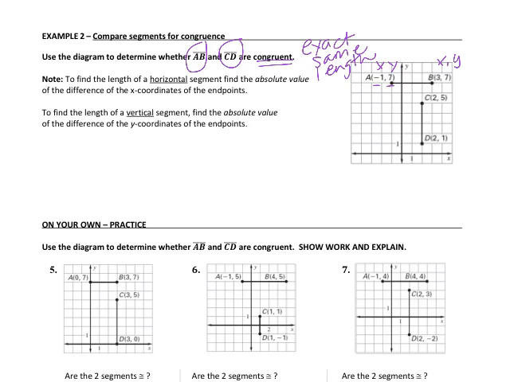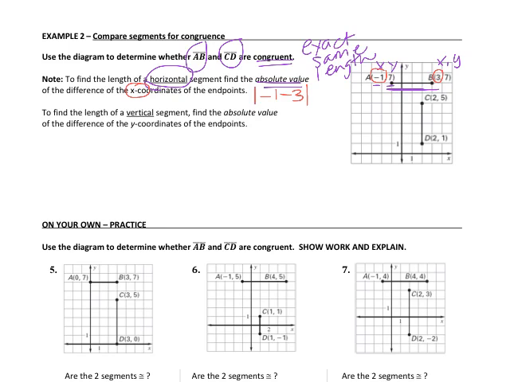So in order to find out the length of the horizontal segment, horizontal means that it runs the same way as the horizon, find the absolute value of the difference of the x coordinates. So I'm going to look for the x coordinates, that's -1 and 3. Those are the x coordinates of both of those points. And basically I'm going to take the absolute value, so I'm going to subtract -1 minus 3. Remember, the vertical lines, the bars there, are representing the absolute value.